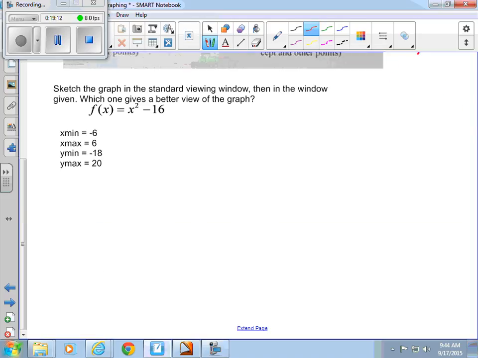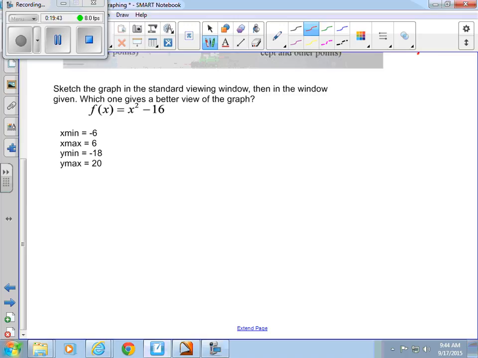Sketch this graph in the standard viewing window. Then sketch it in the one given. Which one gives you a better graph? So first of all, go in your calculator, type x squared minus 16 in your y1. To zoom to your standard viewing window, everyone push zoom 6.